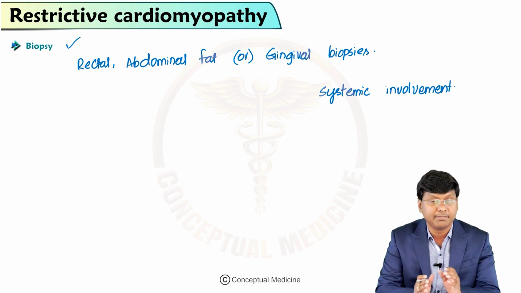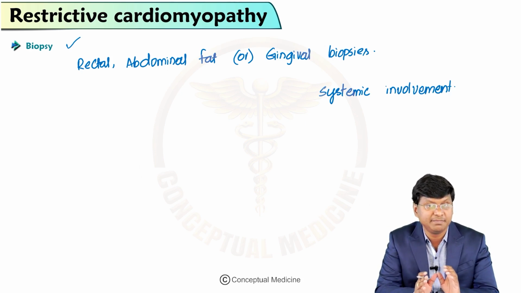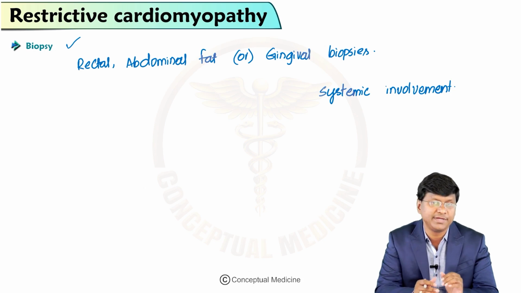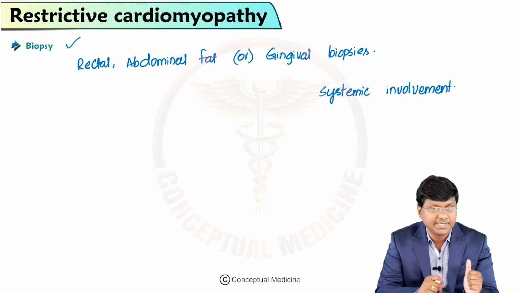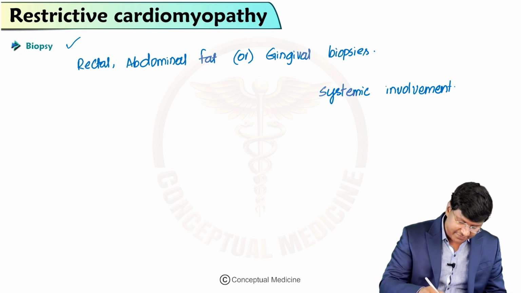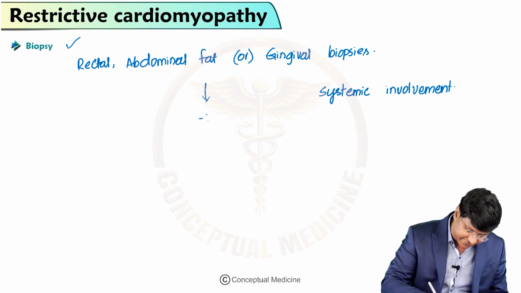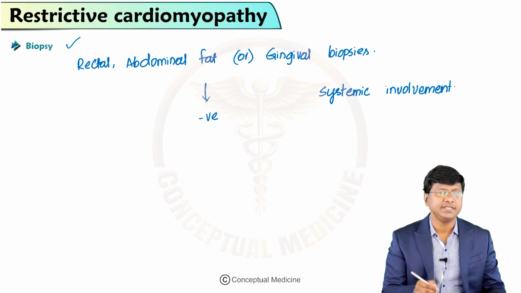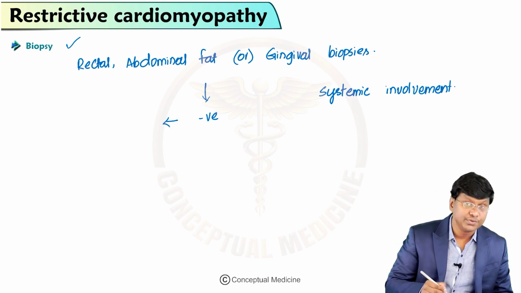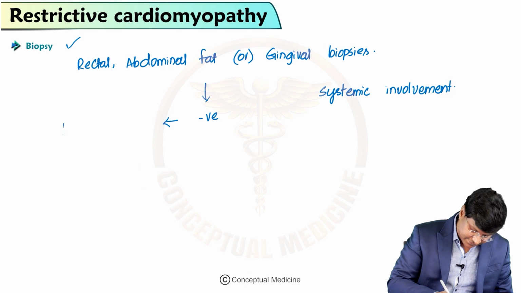But myocardial involvement may still be present if these are negative, and that requires the endomyocardial biopsy. Even if these biopsies are negative, you require to do an endomyocardial biopsy.